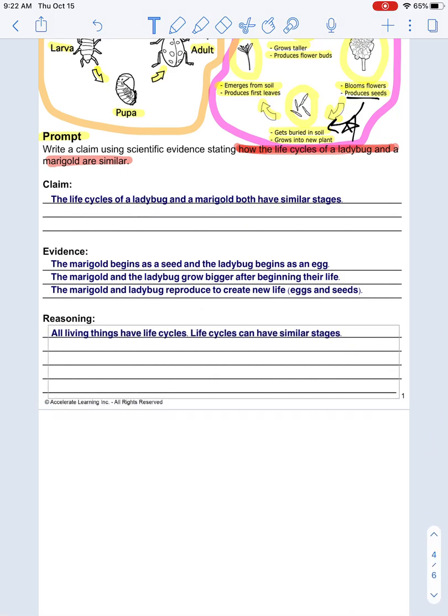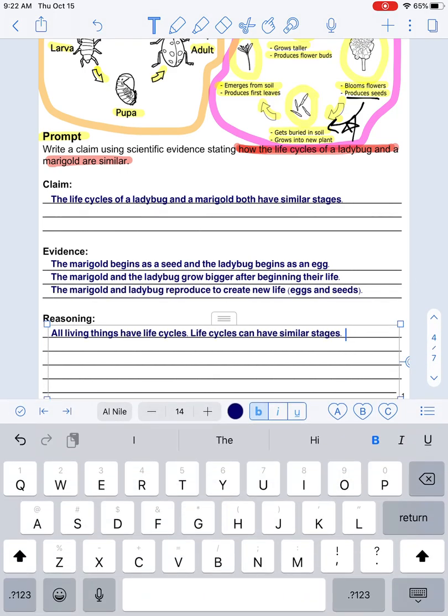So we know that in life cycles in general, they're going to start small, right? They're going to begin their life starting small. They're then going to grow up, grow into an adult. They're going to eventually reproduce, and then eventually they're going to die, okay?